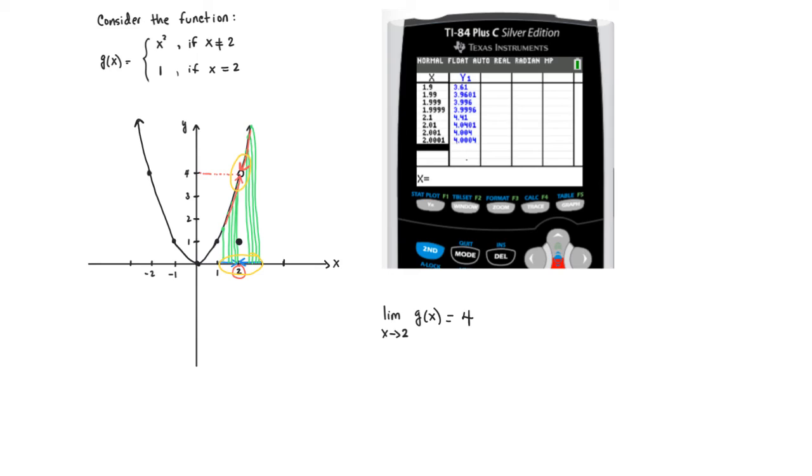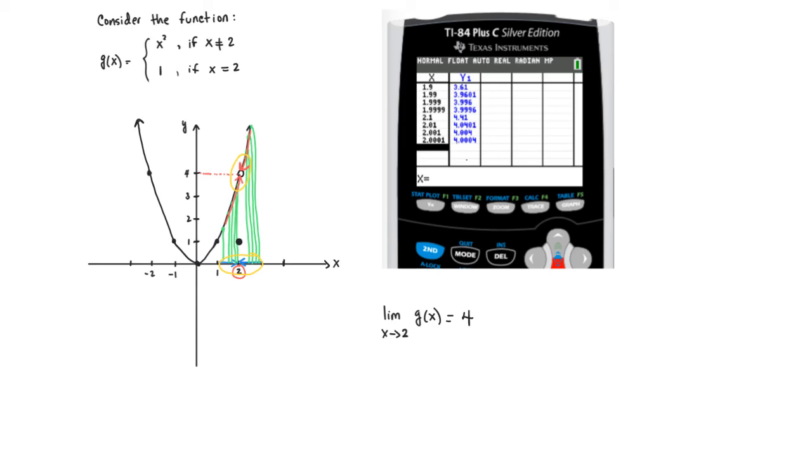Because the y values, and I know that I'm repeating myself, but I really want to make this clear, as x is approaching 2, so x is not equal to 2 but is really getting close to 2, the y values are the y values on the parabola. And those y values are getting closer and closer to 4. Notice how we are approaching the open circle, and the open circle is at 4. And that's what the limit is concerned about.